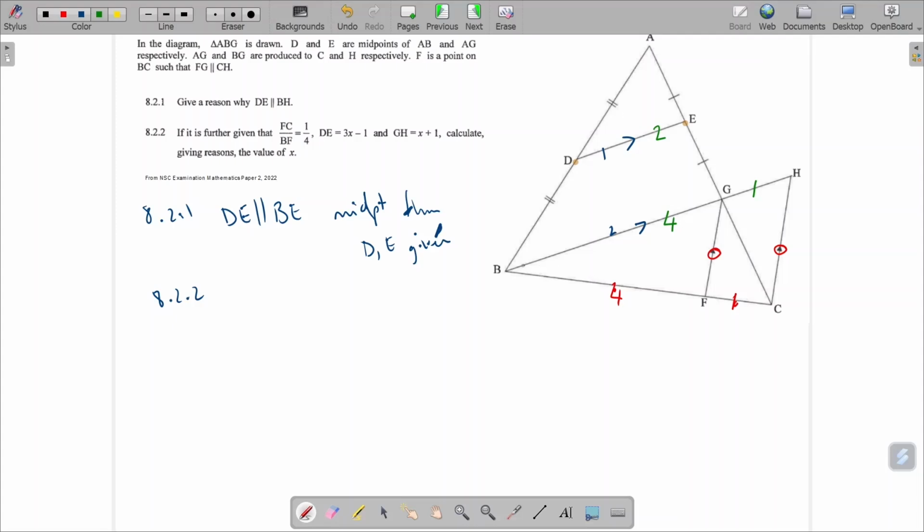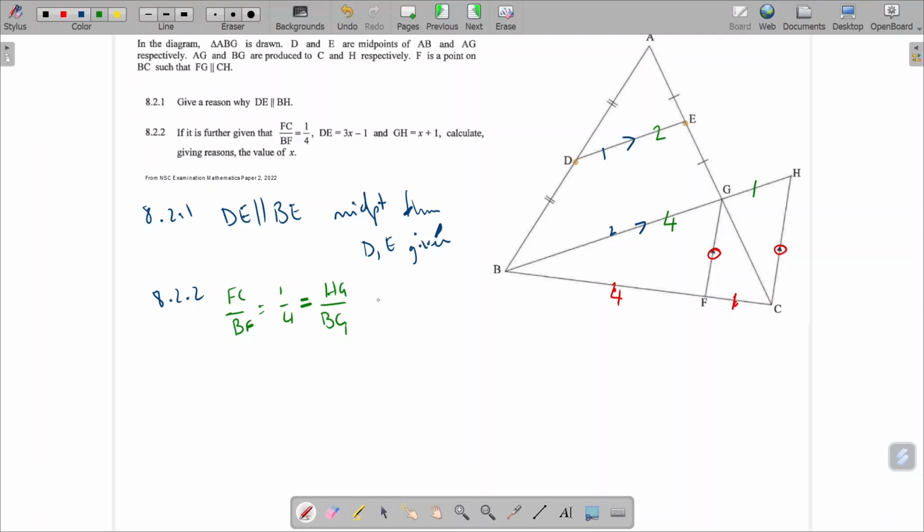So we can now use that idea to solve this problem, having done some preliminary writing on the page. So we know that because we've got FC to BF equaling 1:4, that this is also equal to HG to BG, 1:4, because the sides are in proportion to one another, because the sides were parallel.